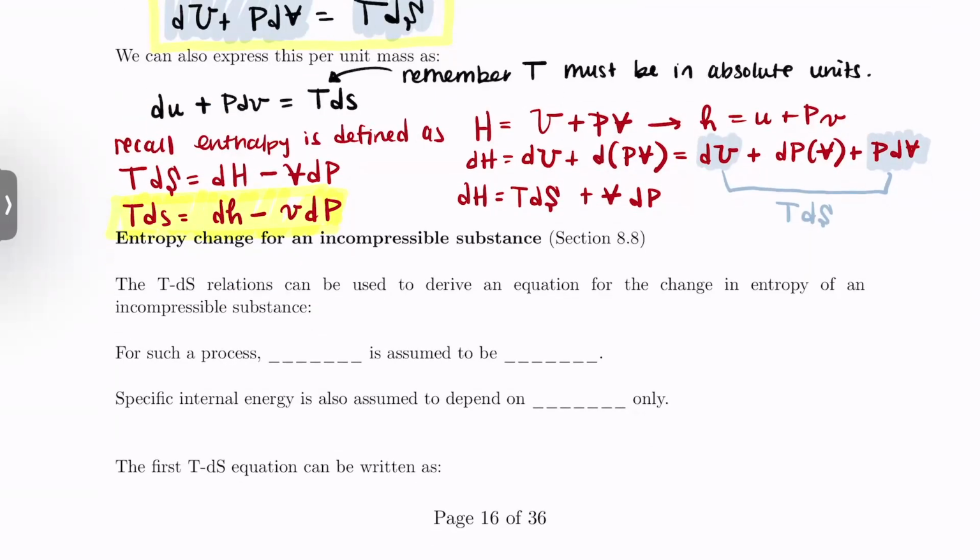Okay, so these T ds relationships can be used to derive an equation for the change in entropy of an incompressible substance. So this would be for solids or liquids. Just to clarify what I'm talking about when I say an incompressible substance, that's what I mean.